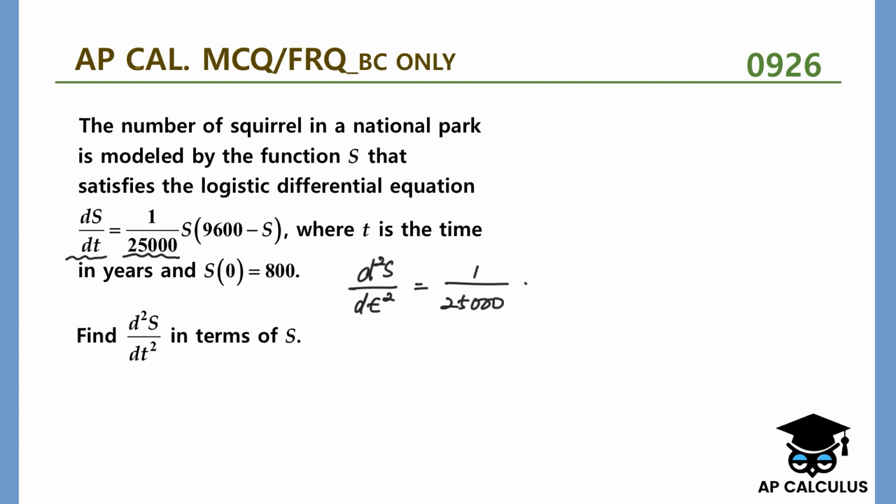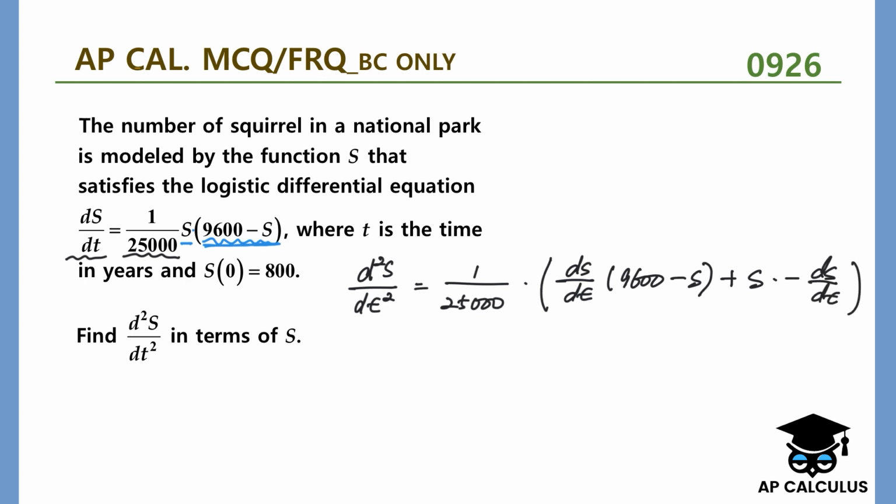And here we have s times 9,600 minus s, so we're going to have to apply the product rule. The derivative of s is ds over dt, and we have 9,600 minus s, plus s times the derivative of 9,600 minus s, which is just negative ds over dt.